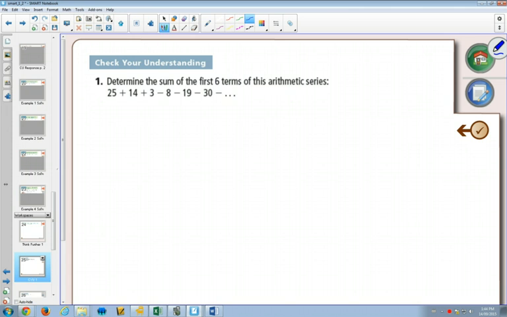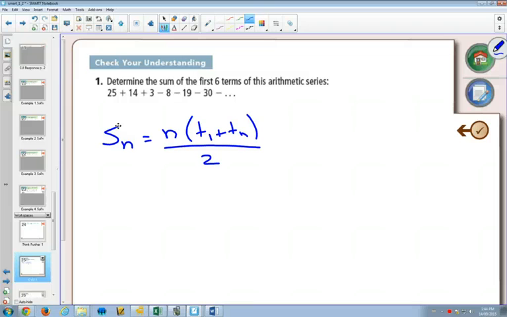So if we were using this formula, because we do know term 6, which is the last term if we're finding 6 terms. The last one would be term 6. Since we do know that and we know that there's 6 terms, the sum of the first 6 terms, well, there's 6 terms.